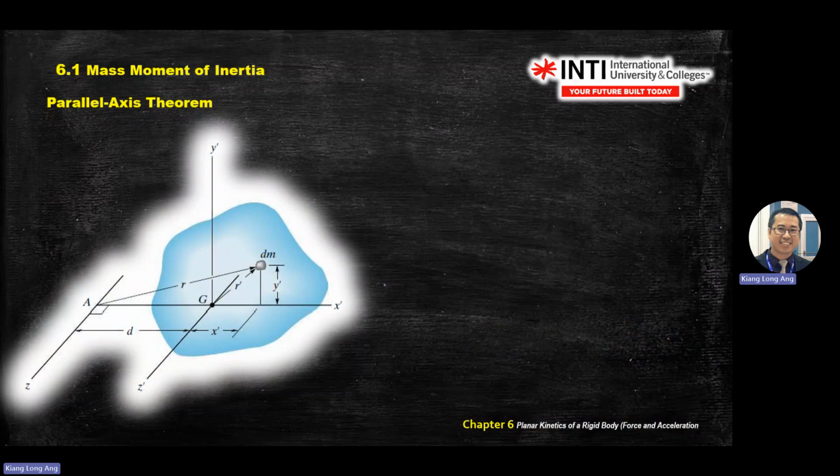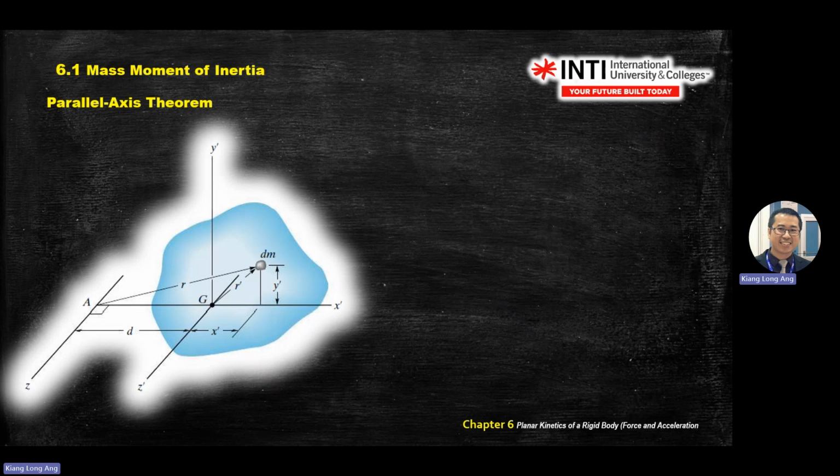Second one, we introduce the parallel axis theorem. As you see on the screen here, you have z and z prime. When you see z without the prime, it is your reference axis, a permanent axis that does not move. Then this object moves, so when you refer to the object, we use prime or comma.